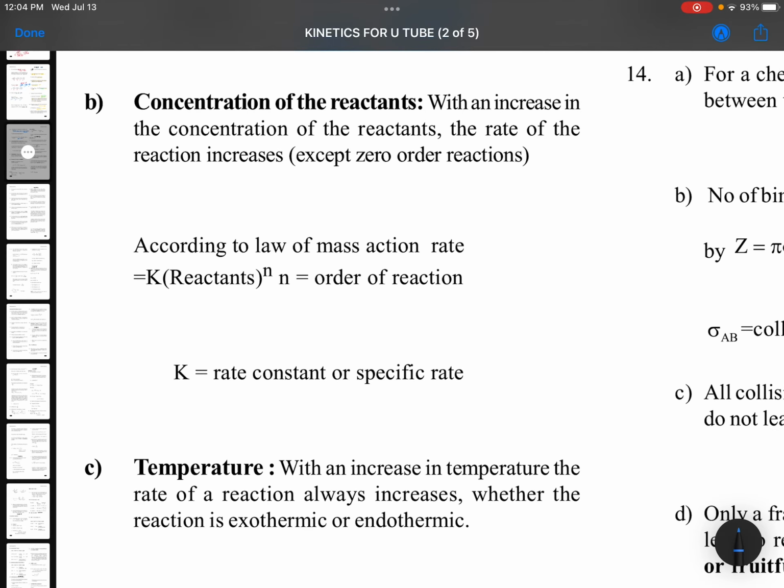Then coming to concentration. With an increase in the concentration of the reactants, the rate of reaction generally increases, except for zero order reactions. Zero order reactions don't depend on the concentration, but in all the remaining ones, if you increase the concentration, the rate of reaction also increases.